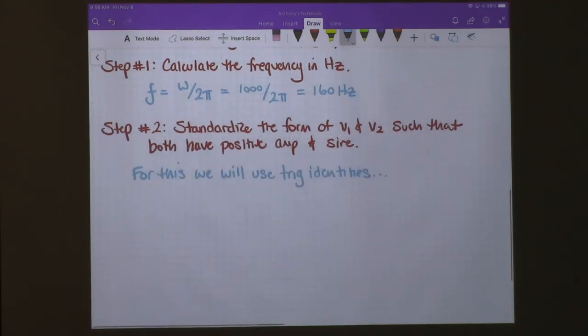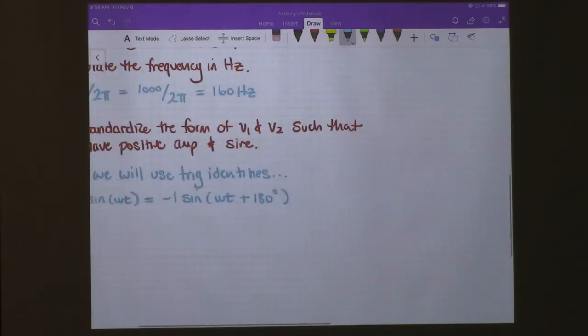So the first trig identity that we're going to use is sine of omega t is equal to negative sine of omega t plus 180 degrees. What we're saying is that if we have a wave that looks like this, then I flip it upside down.